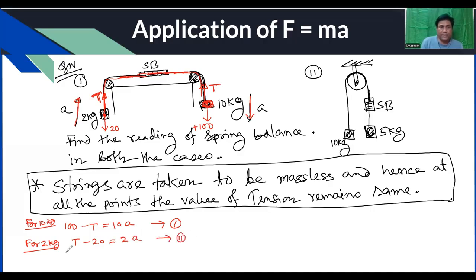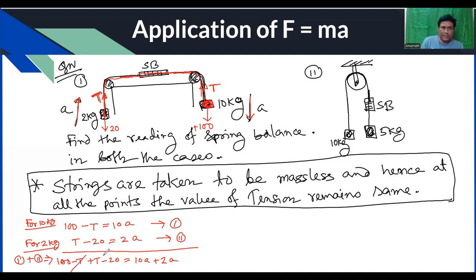If you add both the equations, T will get cancelled. So 100 minus T plus T minus 20 equals 10A plus 2A. I'm just adding 1 and 2.